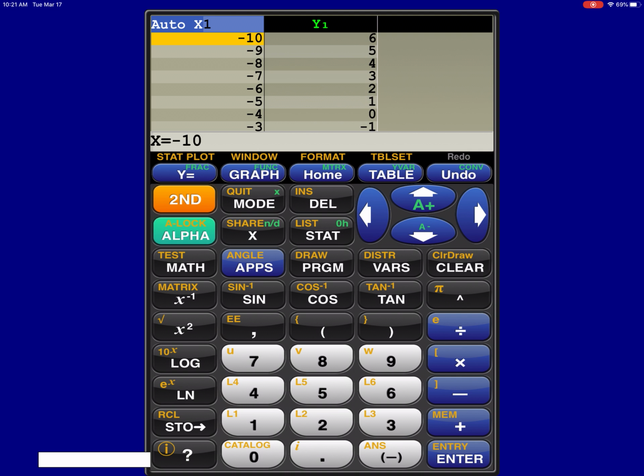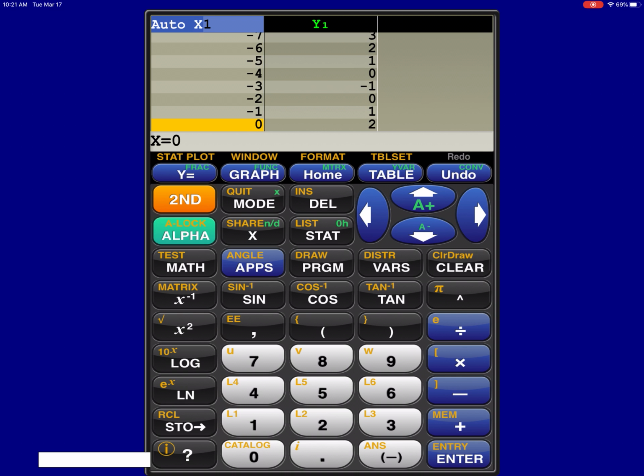I don't need all of them. I just need a couple so that I can plot these points. I normally start from the smallest to the largest, but let's include -5, -4, -3, -2, -1, 0. So -5, 1 is my first point.